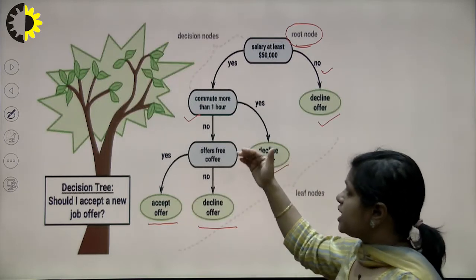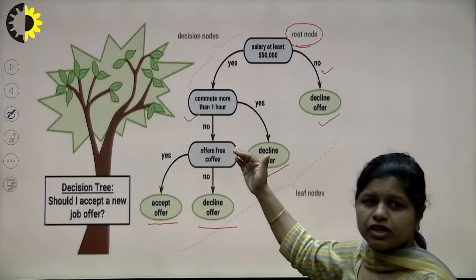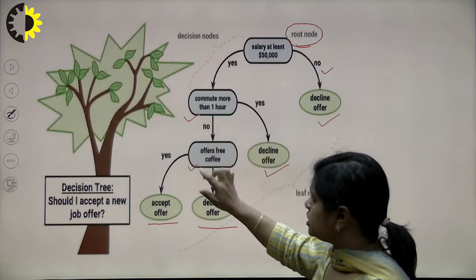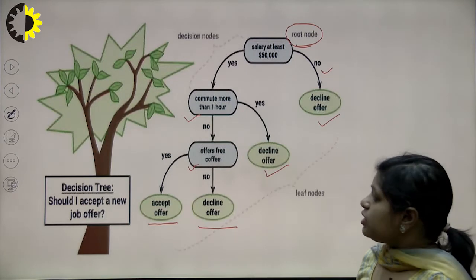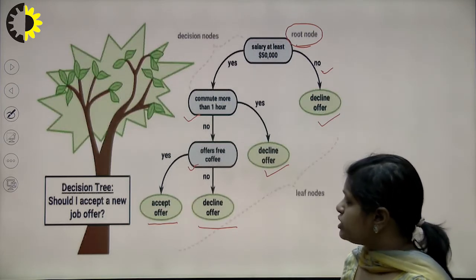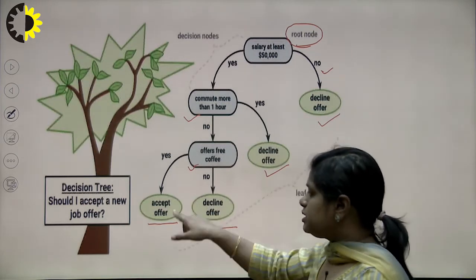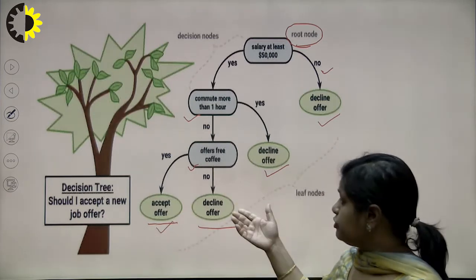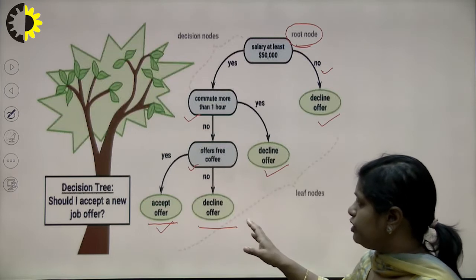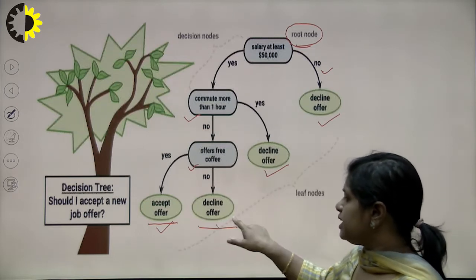If it takes less than 1 hour, the person checks the third condition, whether it offers free coffee or not. If the job location offers free coffee, then the person accepts the offer, and if the company offers no free coffee, then the person declines the offer.